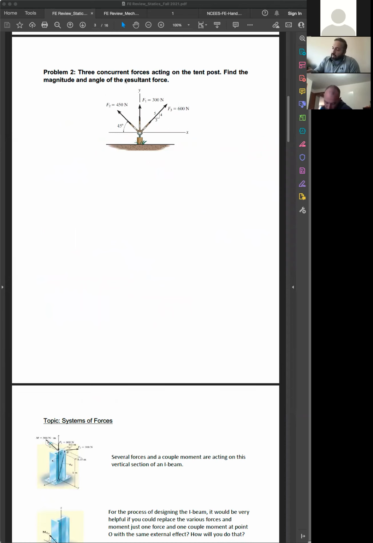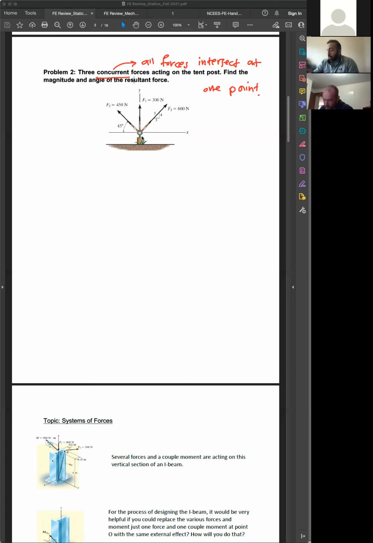All right, first of all, when it says concurrent here, it is talking about all forces intersecting at one point.